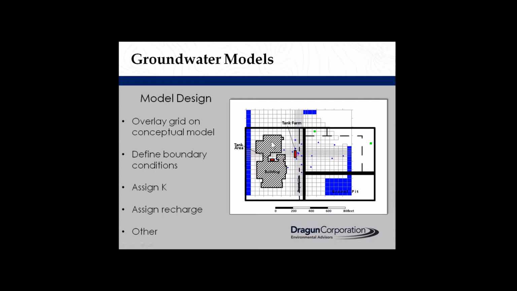We also put boundary conditions in, and the boundary conditions help to constrain the model and help define the flow. And so down here where there's a gravel pit, we put in a value for the water level there that's a fairly constant value. Similarly, on the up gradient side of the property, we put in a fairly constant value here. And that helps to make the flow go from the upstream side down to the downstream where we know that it goes.